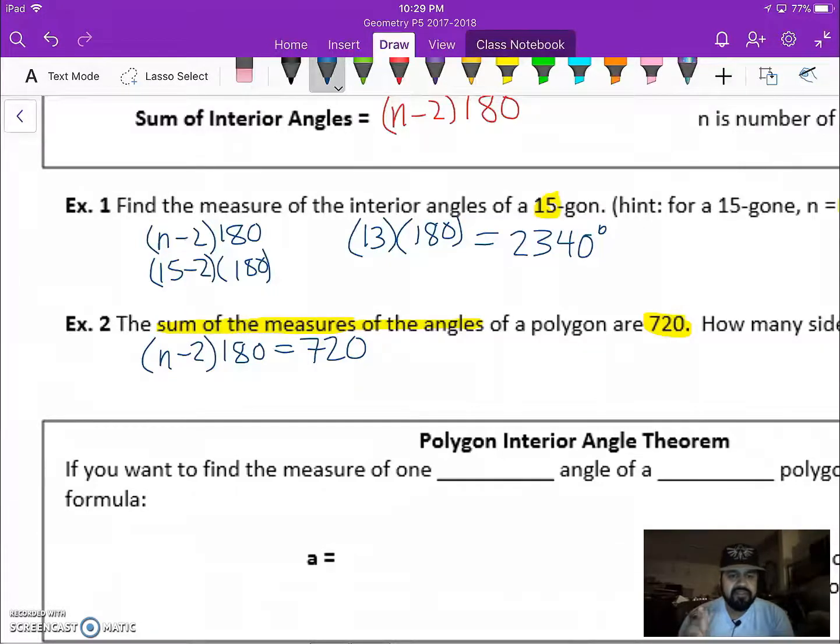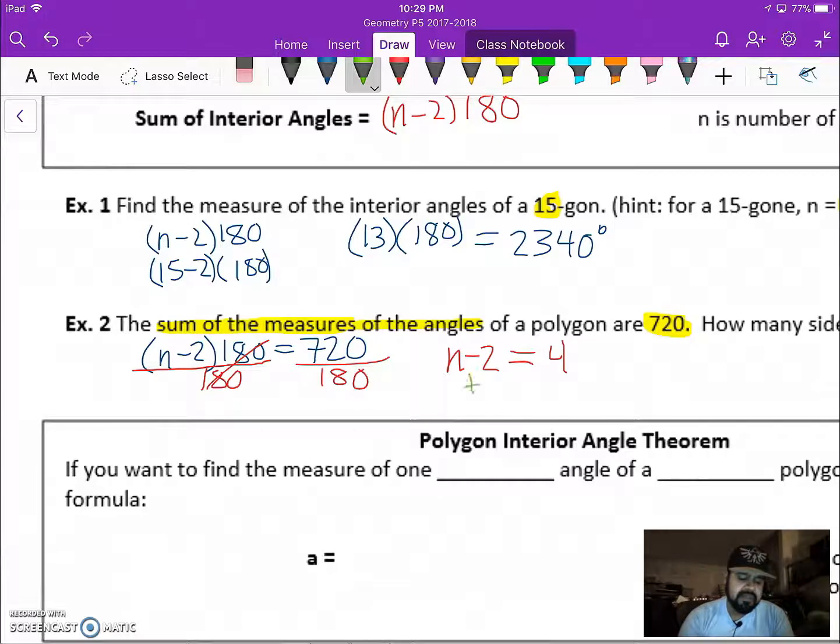We can either distribute the 180 into both terms and then solve it, or you can make your life a little easier and divide both sides by 180. That will allow you to clean up any big numbers, and so then you're left with n minus 2 equals 720 divided by 180 is 4.